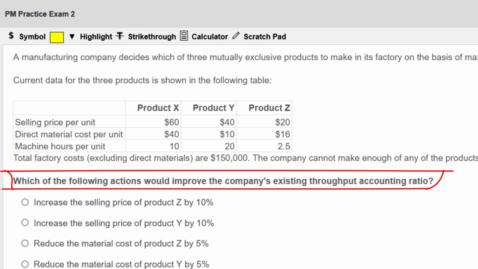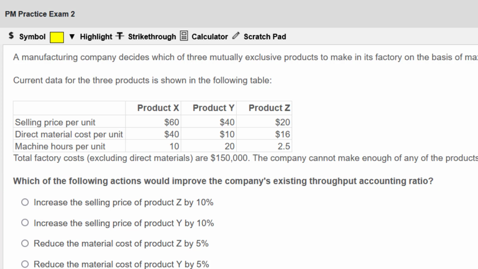So we are looking at specialist management accounting techniques. We're looking at throughput accounting. This is one of the tricky formulas that you need to memorize. They don't give this to you in the exam. So I will jot down on the scratch pad the formula of the throughput accounting ratio.